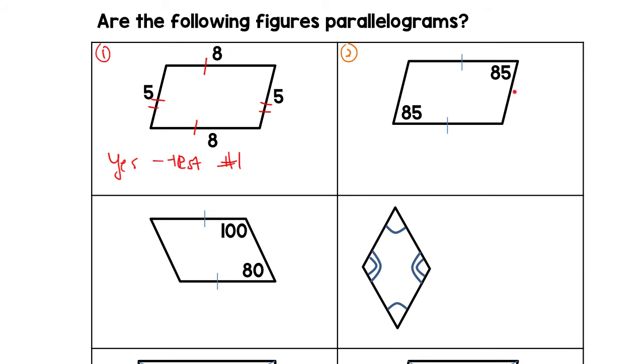We need to know that both pairs of opposite angles are congruent. We know about these two. We don't know about those two. Or we need to know one pair of sides is both congruent and parallel. We know nothing about this. So no, we cannot prove this is a parallelogram. We don't have enough information.